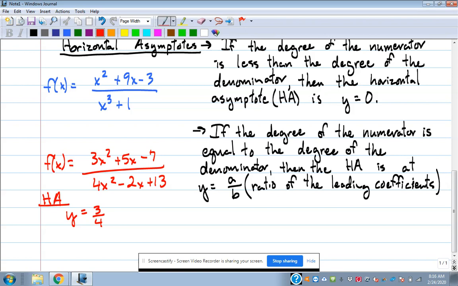If the degrees are the same on top and bottom, x cubed over x cubed, x squared over x squared, x to the 75th over x to the 75th, that sort of thing. Those are the only ways that horizontal asymptotes exist. Okay, that means you won't always have horizontal asymptotes. There are going to be occurrences where there are none.